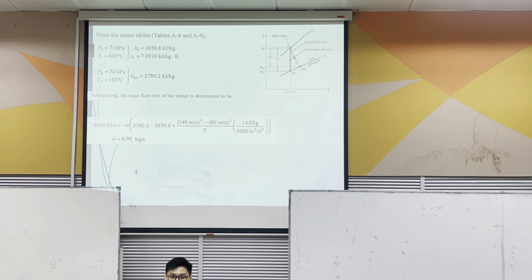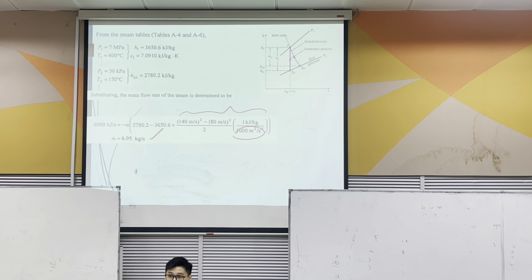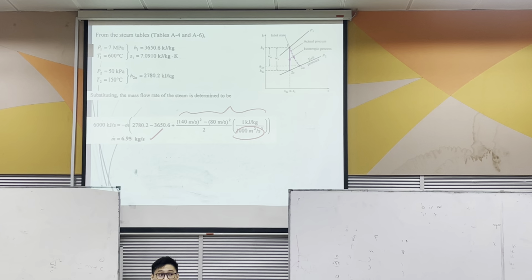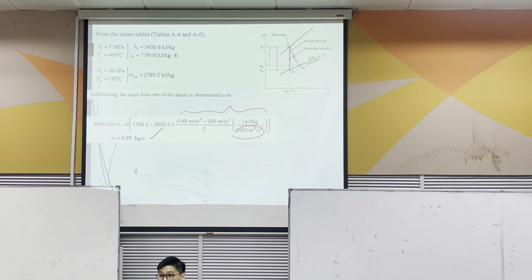By substituting all of this into the equation, and again, don't forget to divide the velocity term by 1000, you will get the mass flow rate. So the first part is very straightforward, what you have learned before.